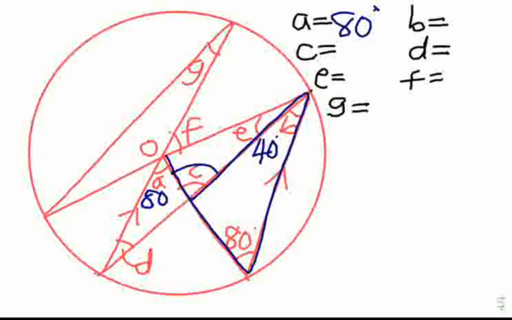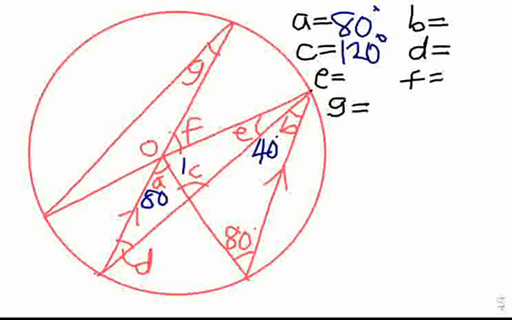So C is equal to this 80 degrees plus the value for B. So 80 plus 40 degrees gives us C as 120 degrees. So the angle here is 120 degrees.